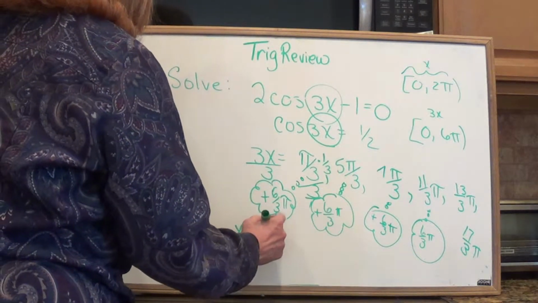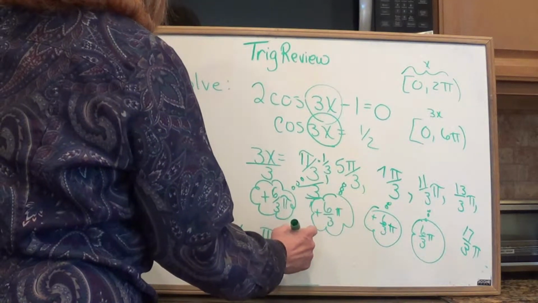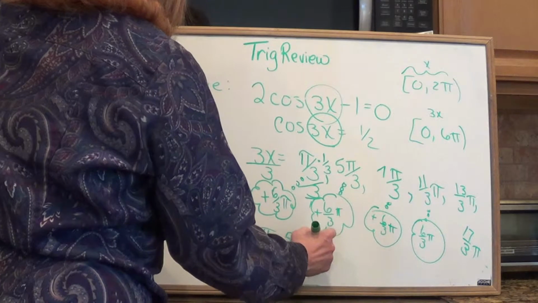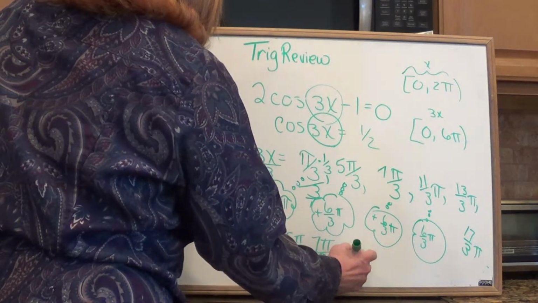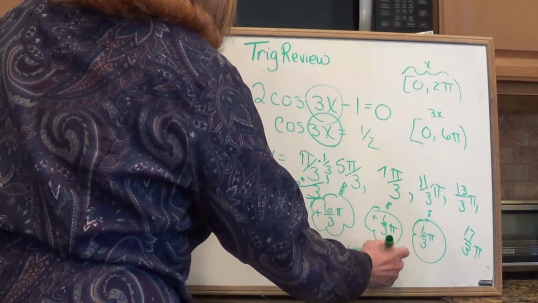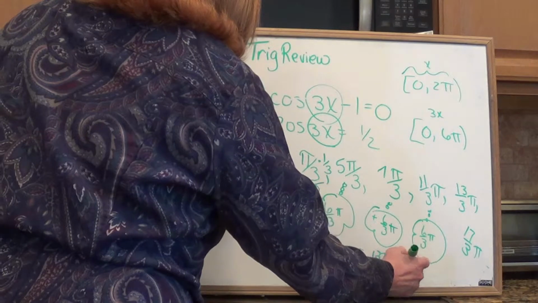So pi over 9. And when I divide these by 3, it becomes 5 pi over 9, 7 pi over 9, 11 pi over 9, 13 pi over 9, and 17 pi over 9.